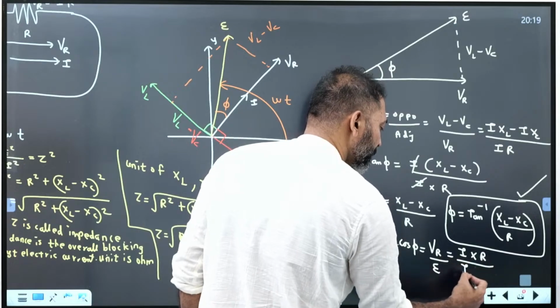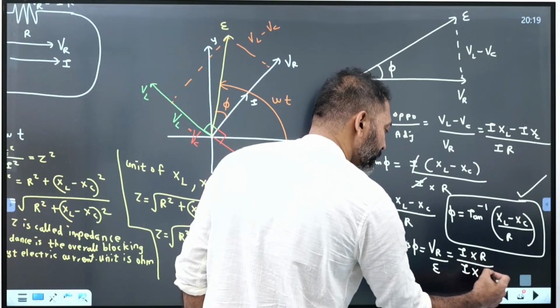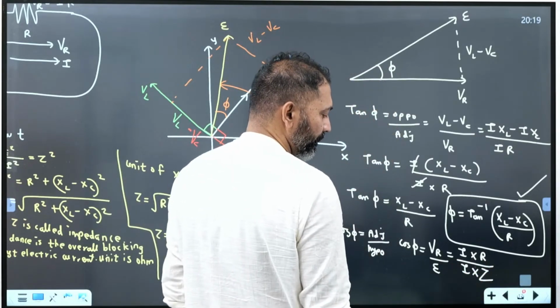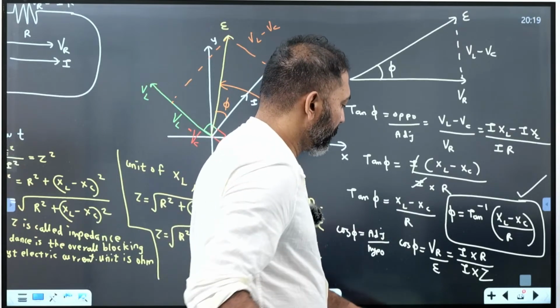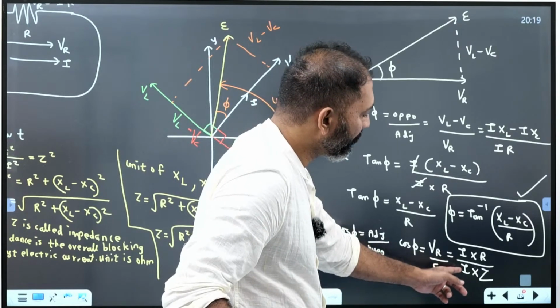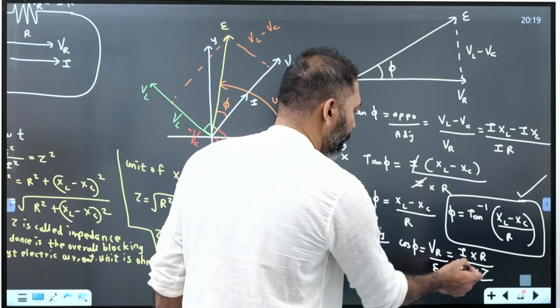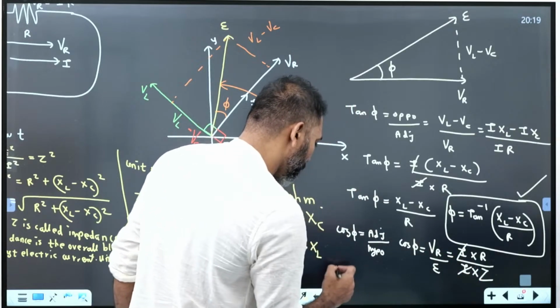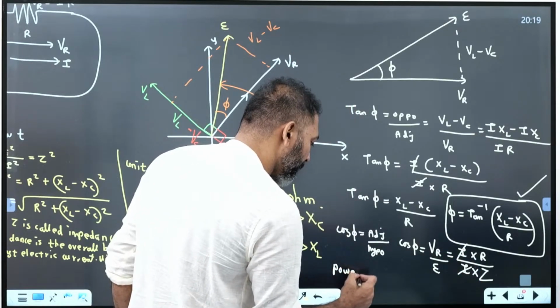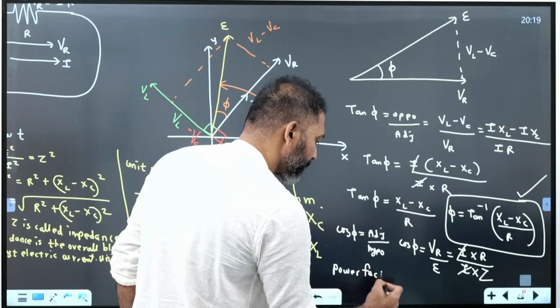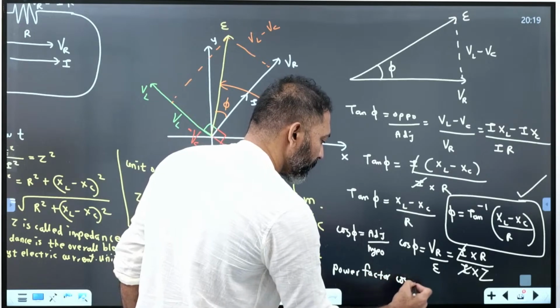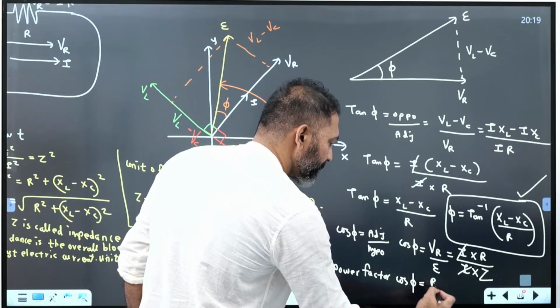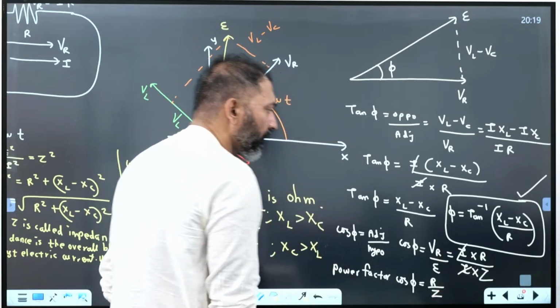Total EMF is current into total resistance, that is the impedance. So I gets cancelled. So for power factor cos phi, we have one more equation. Power factor cos phi is equal to R by Z.